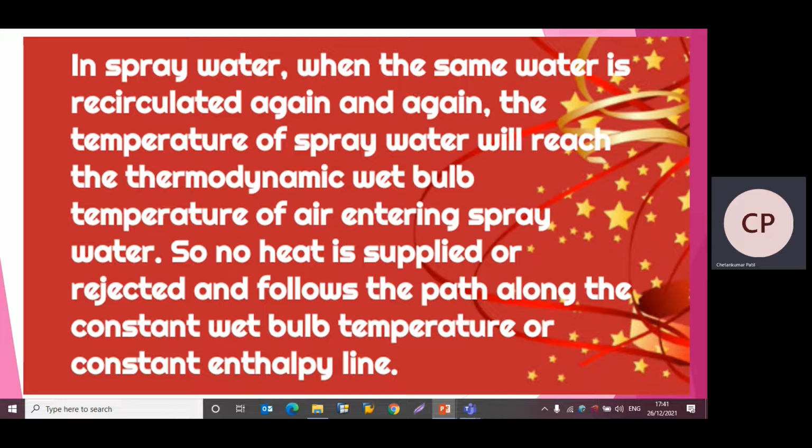So no heat is supplied or rejected, and it follows the path along the constant wet bulb temperature or along the constant enthalpy line. It is important to note that in the psychrometric chart, the wet bulb temperature lines and enthalpy lines are the same. So the process is along the constant wet bulb temperature line or the constant enthalpy line.